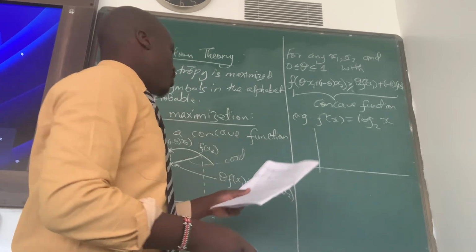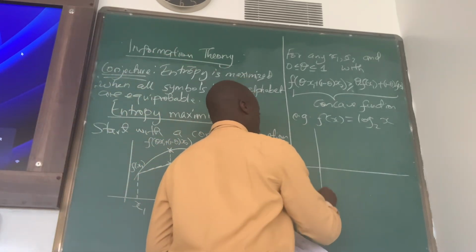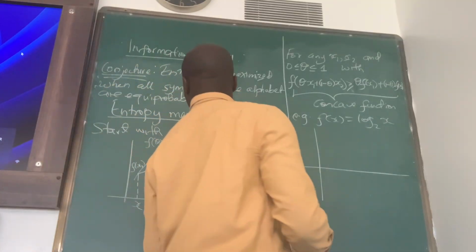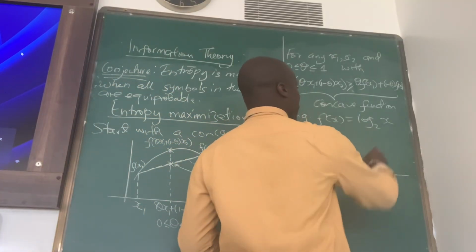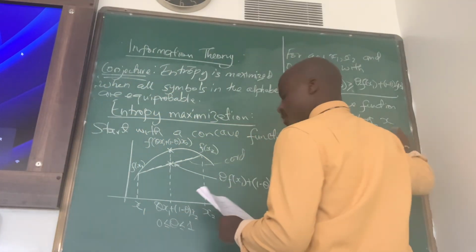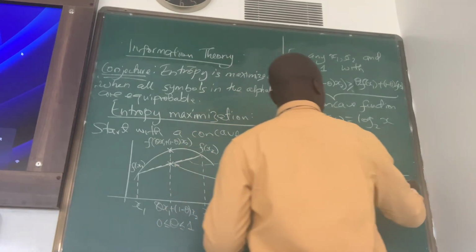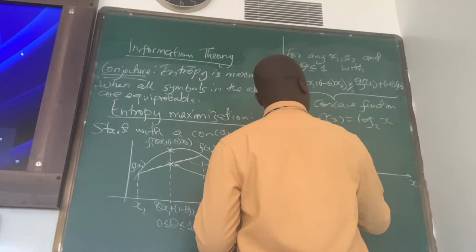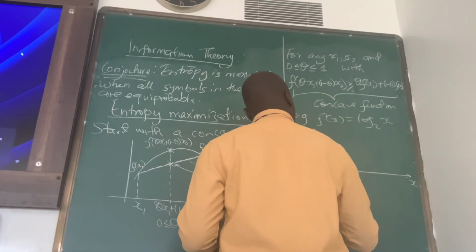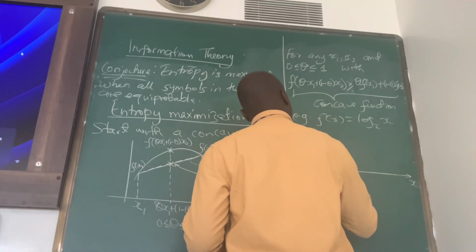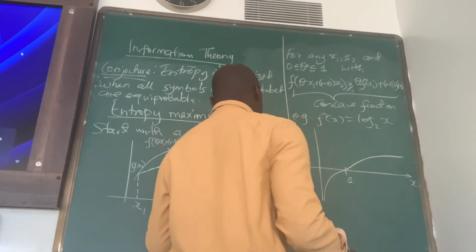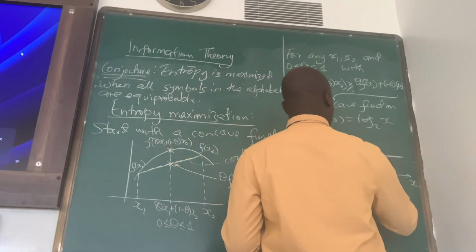When x is 0, this log is going to be infinity. Then when x is 1, the log is going to be 0. So this is x, and this is 1. That's how the logarithmic function looks.